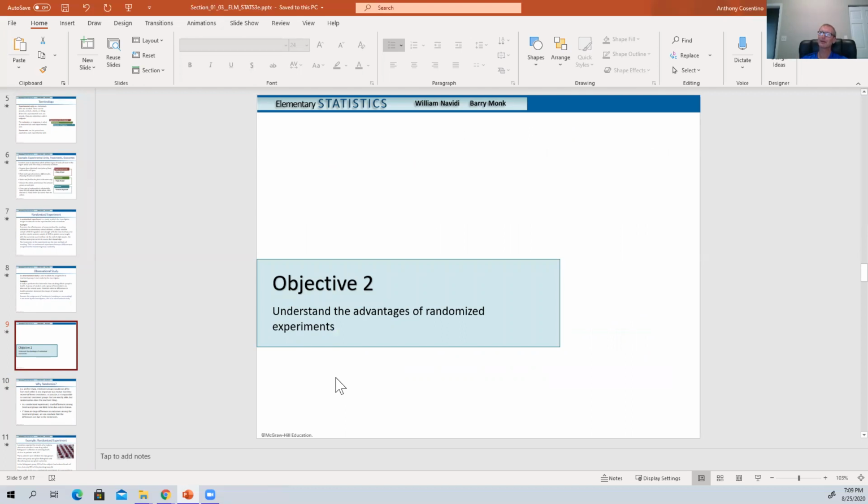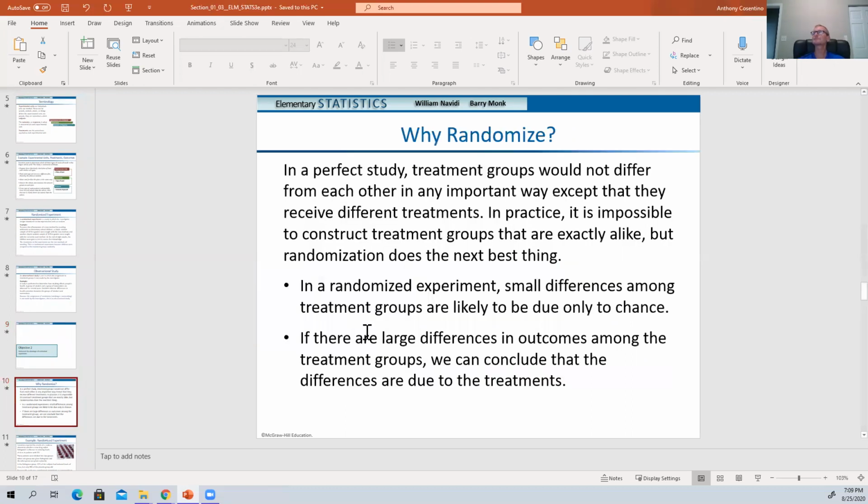But talking about randomization and the advantage of it. The idea is that in a perfect study, treatment groups will not differ from each other. And that's a really important aspect of it. In practice, it's virtually impossible to construct groups like that, but randomization gives us the next best thing. So that's why we try to get to randomization.